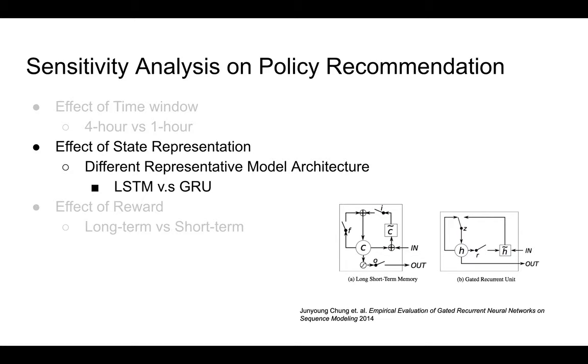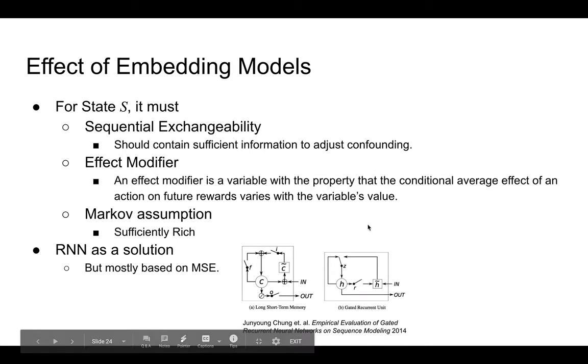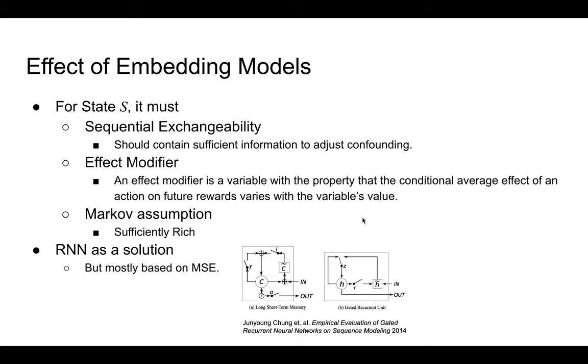Second, we are interested in analyzing the effect of different embeddings, which is the state representation. The state in a reinforcement learning setting should contain sufficient information so that it can adjust for confounding. It should also contain effect modifiers, which capture the conditional average effect of an action on future rewards. Finally, the state should satisfy Markov assumptions.